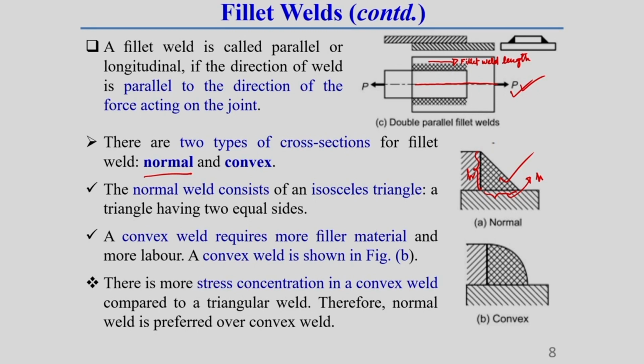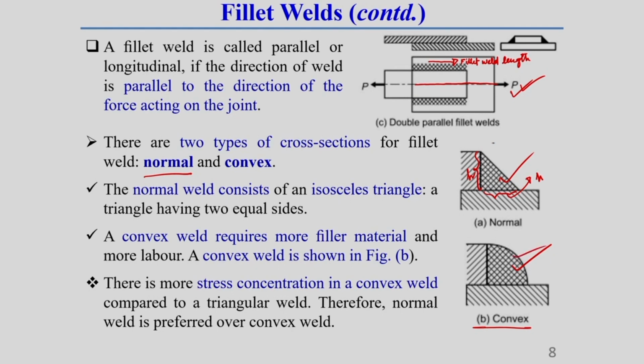Another type of cross section of fillet weld is called the convex fillet weld, which I am showing in this figure B. This convex fillet weld requires more filler material, and it requires more labor also.